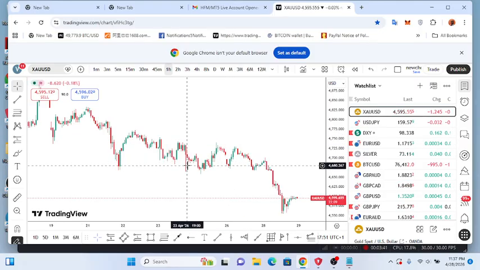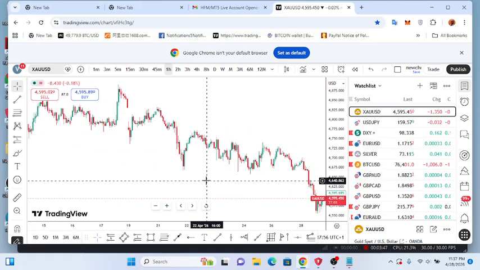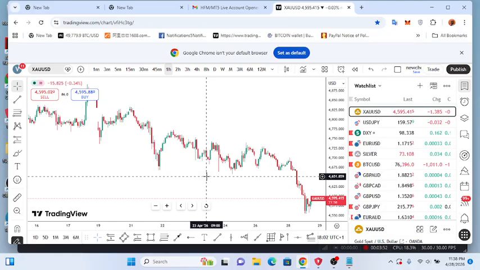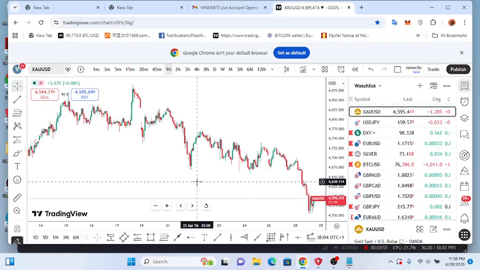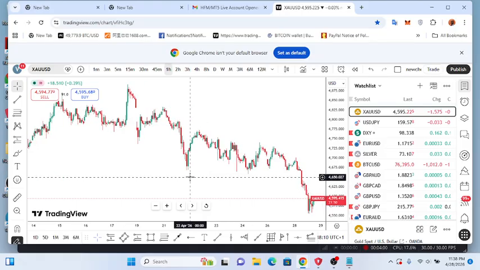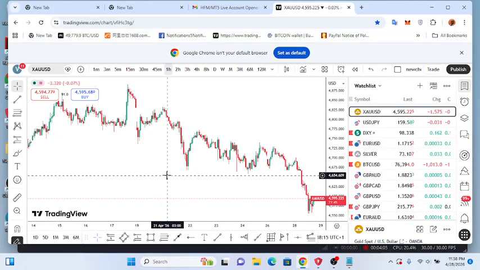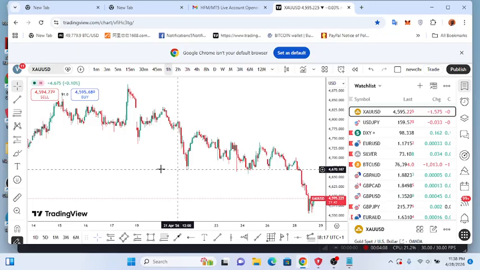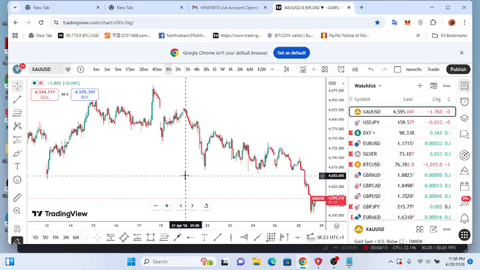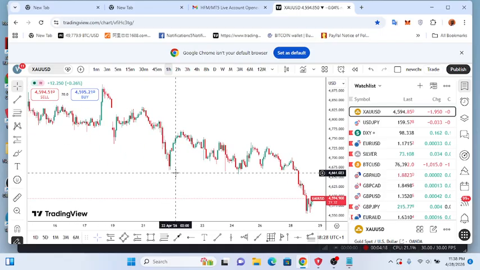This is gold, almighty gold. If you don't know how to trade gold and you dabble into it, gold is very, very volatile and sensitive, and it reacts to so many things. As we speak, there's a war going on between Israel, the US, and Iran. We would expect gold to serve as a safe haven, but it's not doing that at all.